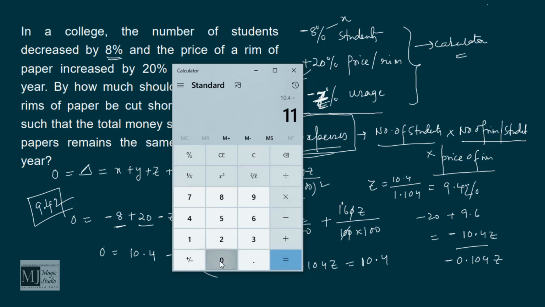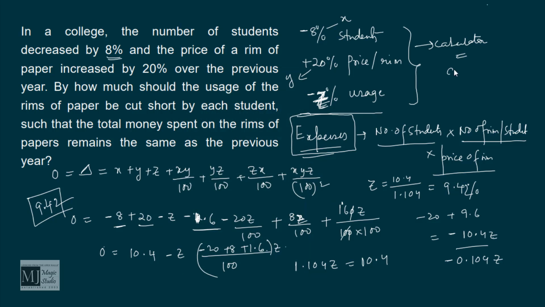Divide this by 110.4 into 100 will give us the next percentage change. That is 9.42. 4 seconds. 9.42% should be the change in the third part, that is the uses, so that the net change in expenses remain unchanged. Use calculator, but practice that with calculator.